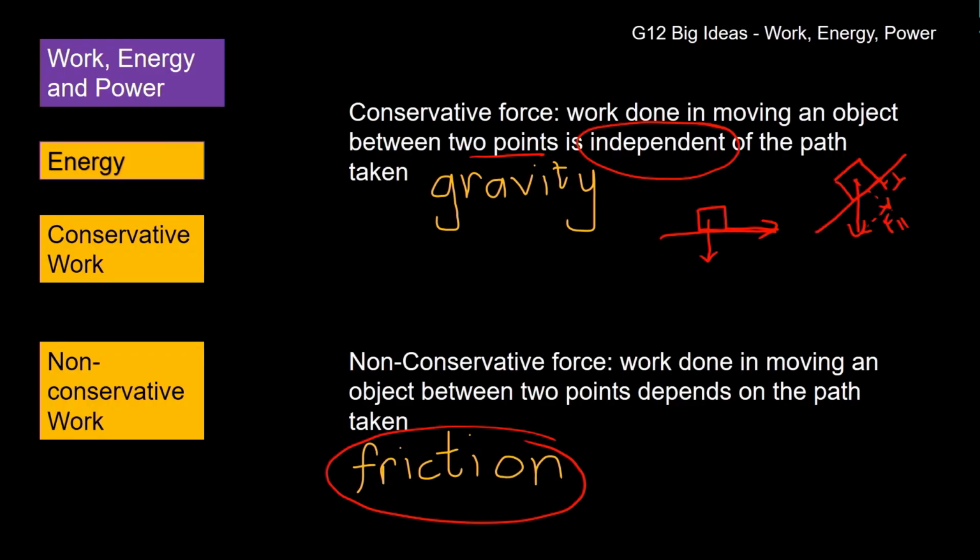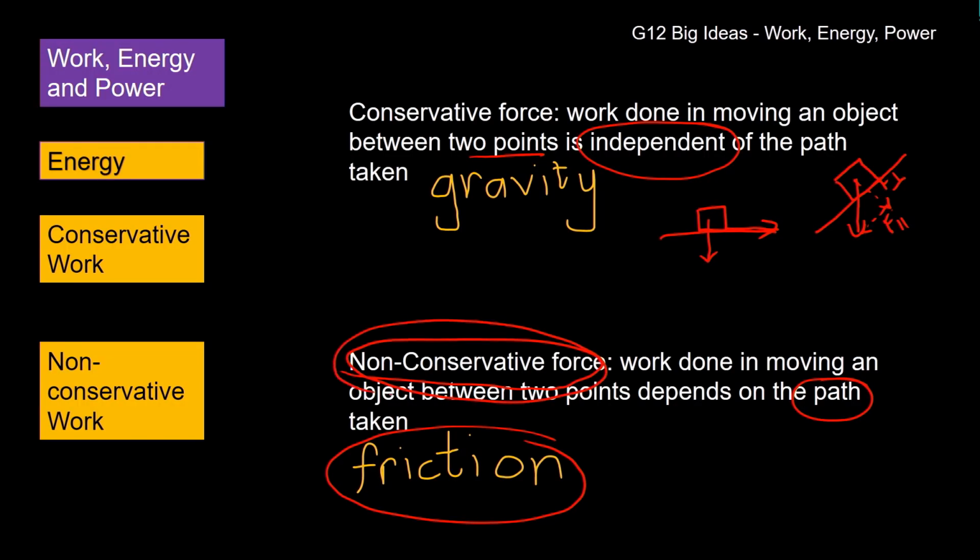A non-conservative force definitely does depend on the path taken. If you imagine yourself falling on astroturf or on the carpet or on the grass, the welt or carpet burn that you get does depend on how long and how far you've been in contact with the surface. The further you slide along the astroturf, the bigger that burn is going to be.